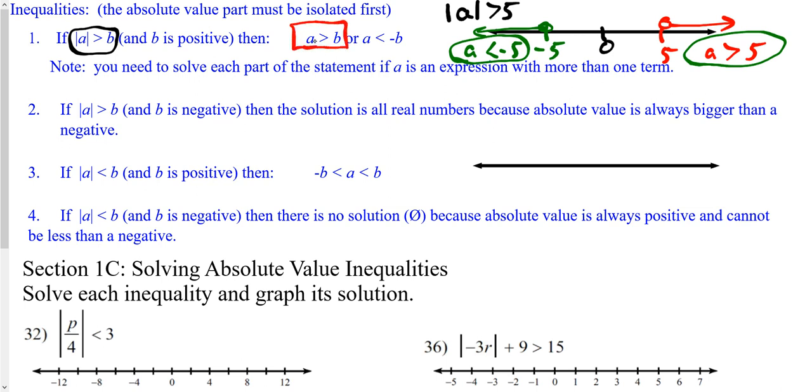You get absolute value by itself first, and then you write your two separate inequalities. The red one is pretty much the same as your original, just without the absolute value. Now, when you write the green one, what was in the absolute value stays there, but you switch your inequality sign, and then instead of it being a positive over there, you put it as a negative.